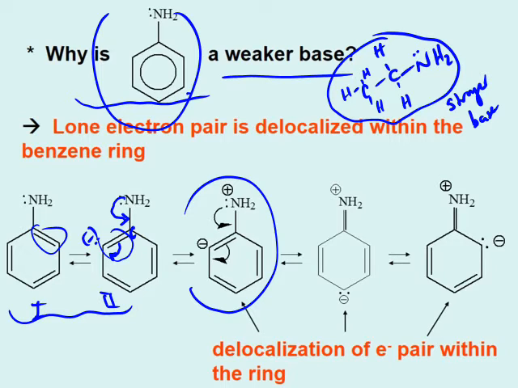Now, we can keep on writing a structure like this. I think it would be less confusing if I redraw these structures, because I think this structure we tried to show too many things, so it could be a little confusing. So let me redraw the structure. Now nitrogen would have a double bond because I moved that electron pair, NH2, and this would be plus now.